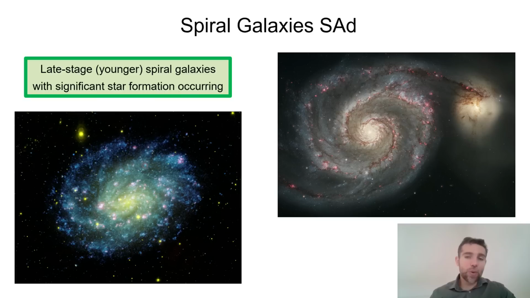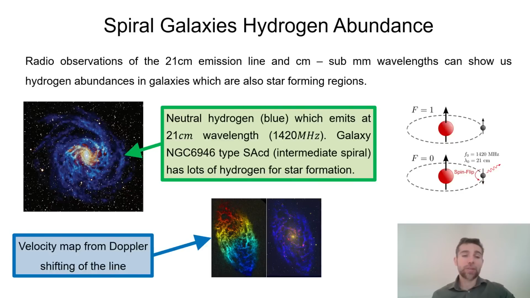Again, these are going to look bluer than an equivalent, same sort of size older or early stage spiral galaxy. And you can see in the spiral arms those bright pinky red areas with lots of blue stars in them, confined mostly to the spiral arms. So this is a key feature with these sorts of galaxies.